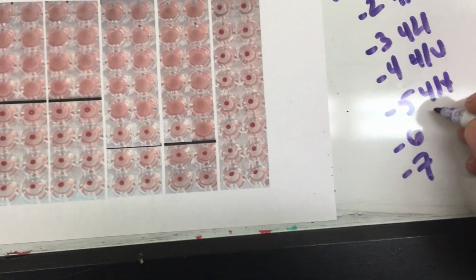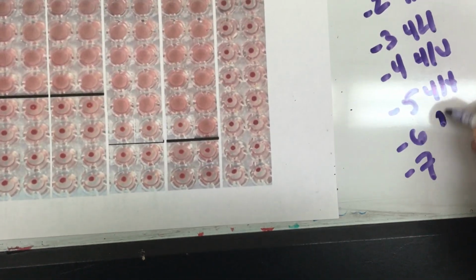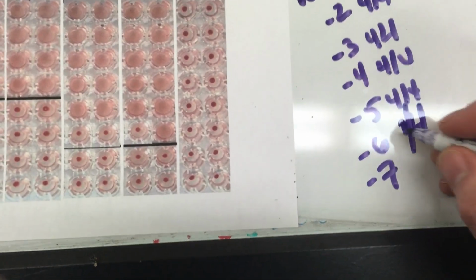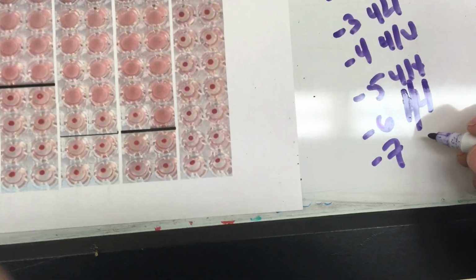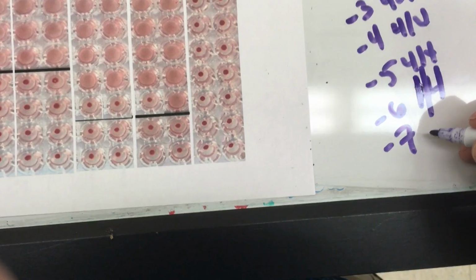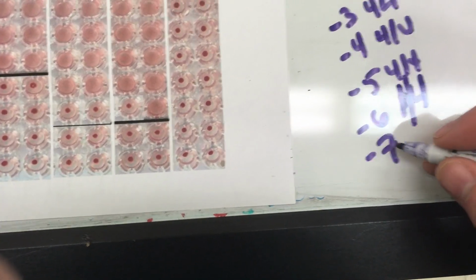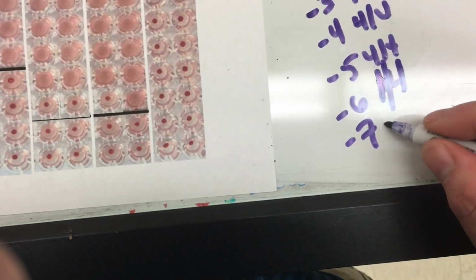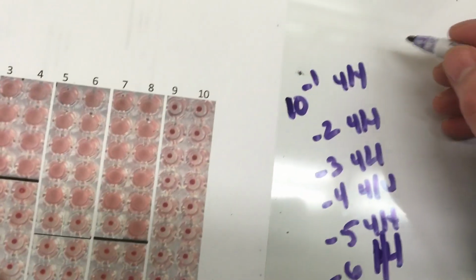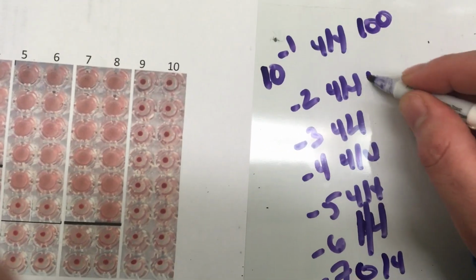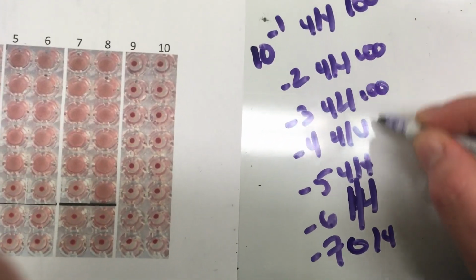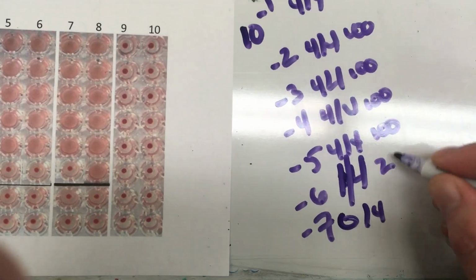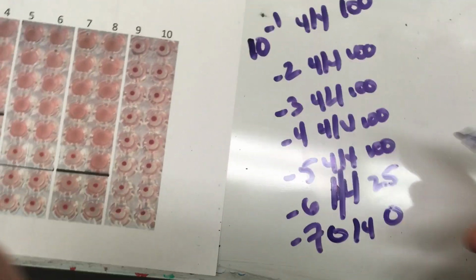Negative 6, we have 1 out of 4 positive for flu. And at 10 to the negative 7, we have 0 out of 4. So we have 100, 100, 100, 100, 100, 25, and 0.